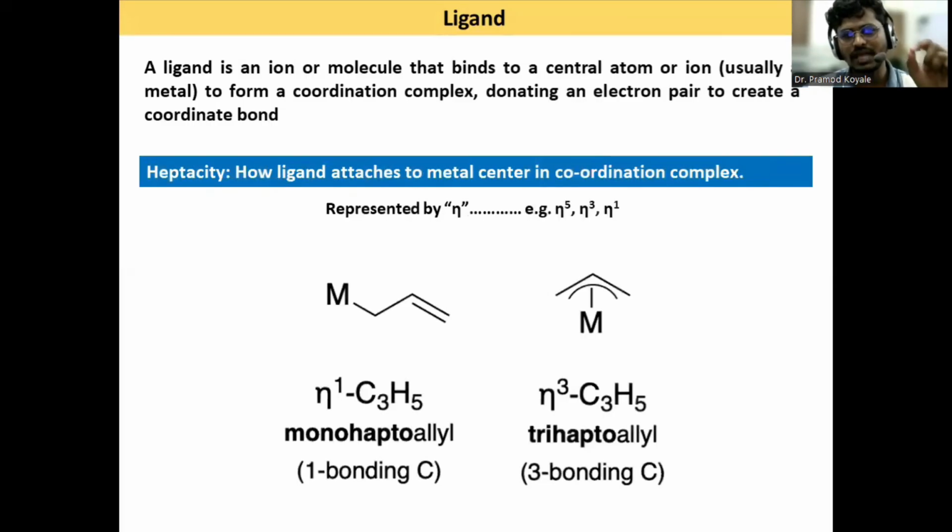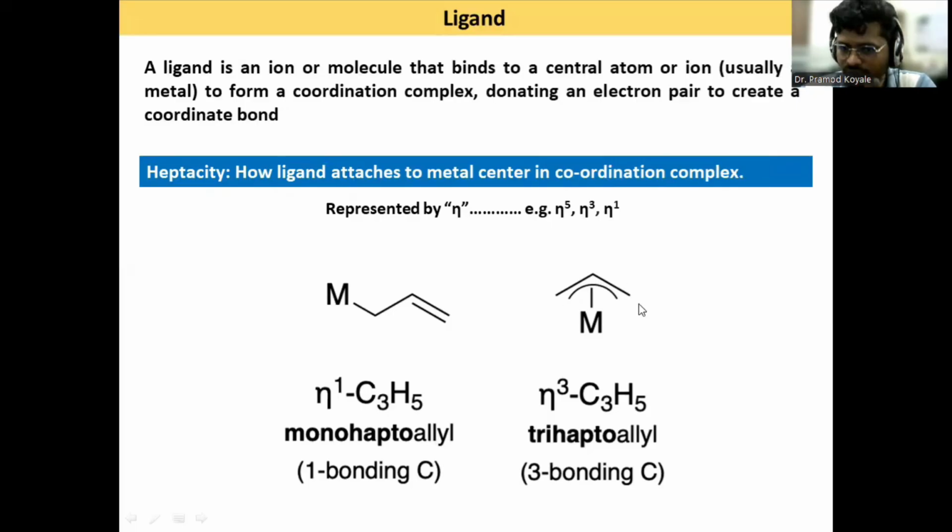The ability or how a ligand attaches to the central metal center in the coordination complex reveals the hapticity of the ligand. So it can be monohaptate or bihaptate or trihaptate and so on. It is related only to the number of sites attached with the central metal atom. If only one site is attached, it is monohapto.